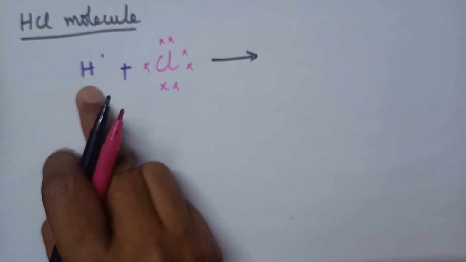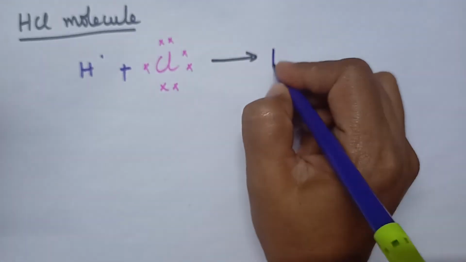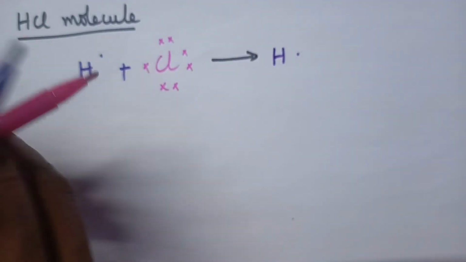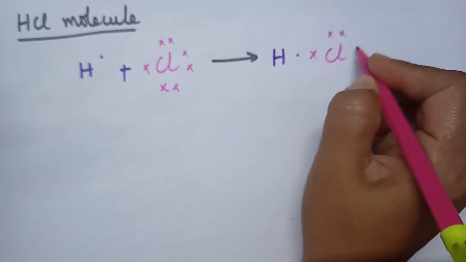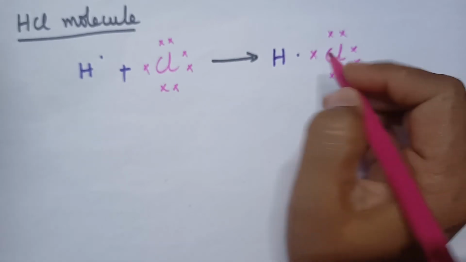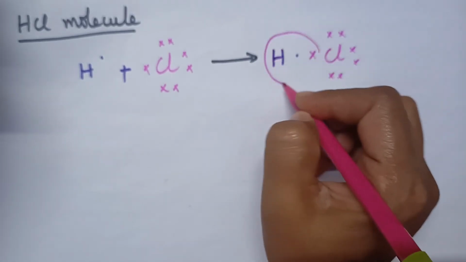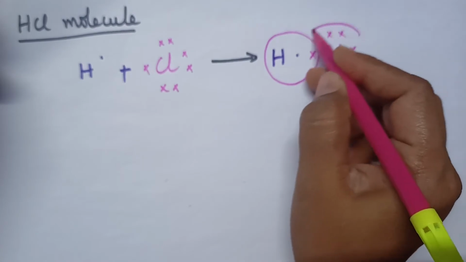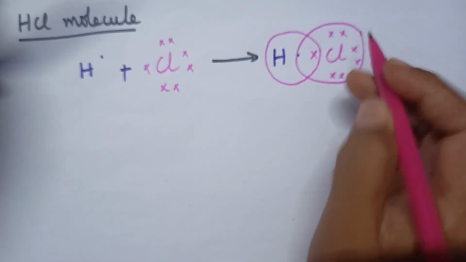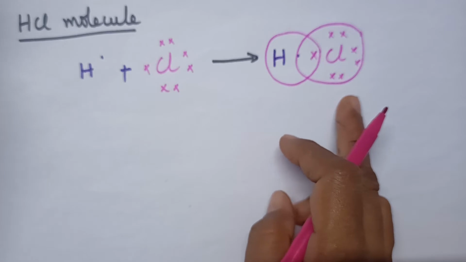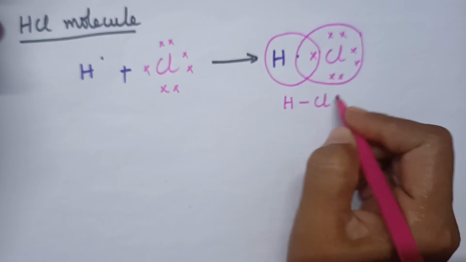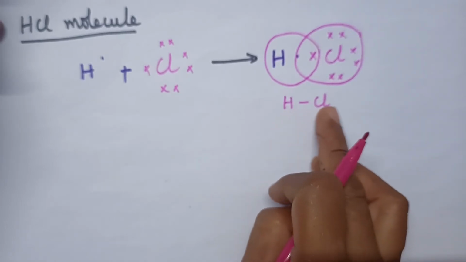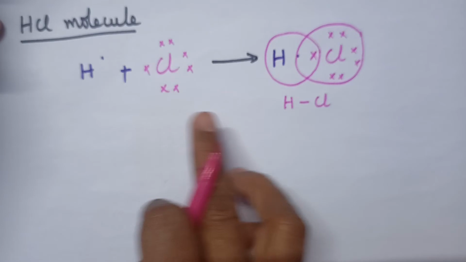Hydrogen contributes 1 electron for the sharing, whereas chlorine also contributes 1 electron for the sharing. So here these two electrons become the common property and account for the stability of both the hydrogen and chlorine atoms. Clear, students? So a polar covalent bond is present between the hydrogen and chlorine atoms of the HCl molecule.